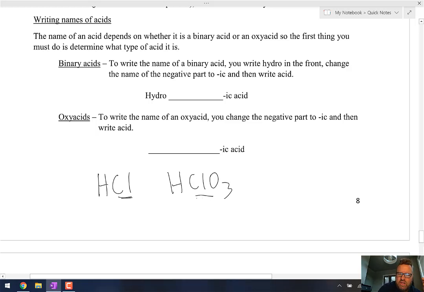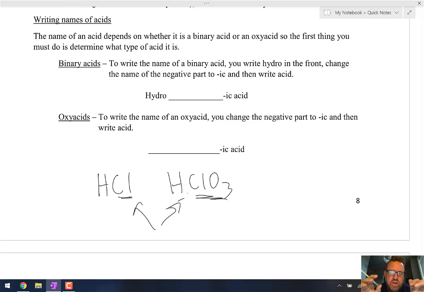But then this one is chlorate, and you might think, oh, that's hydrochloric acid. Notice you have 2 different chemical formulas, but if you just say, well, it's got a hydrogen in the front, and then it's got chlorine and oxygen, or just chlorine, so it's hydrochloric. You can't have 2 different acids with the same name. HCl and HClO3 are 2 very different acids.